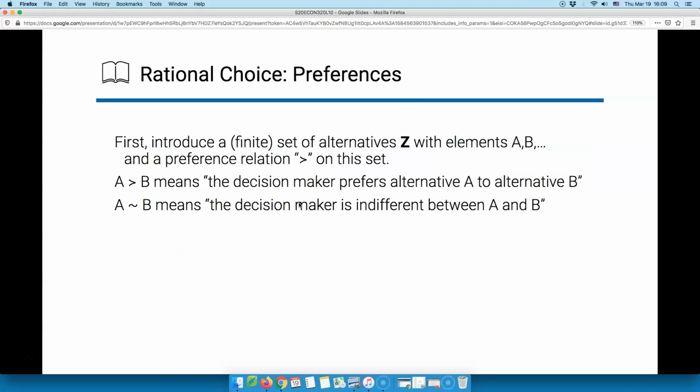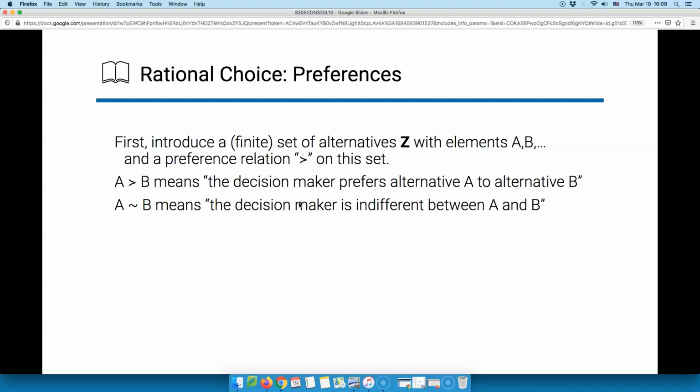Now, when we talk about preferences, we need to look at all possible alternatives that a rational agent is facing, and we'll call the set of all such alternatives Z, and we'll denote elements from that set with capital letters. And we need to introduce a preference relationship on this set that will basically allow us to do pairwise comparisons between alternatives in the set.